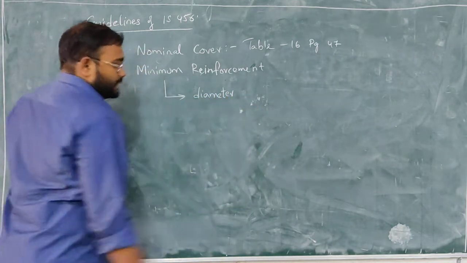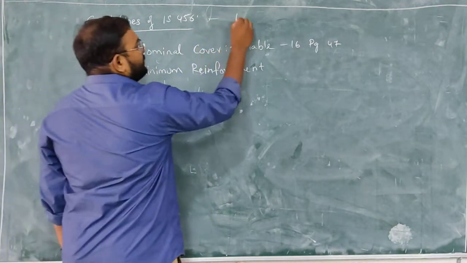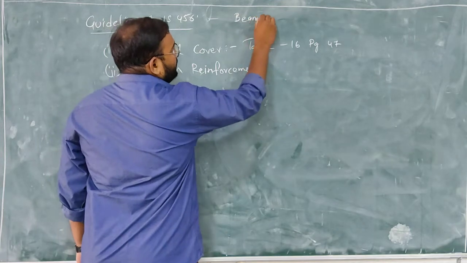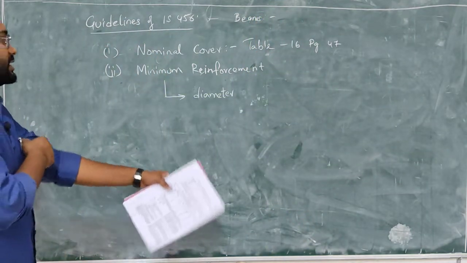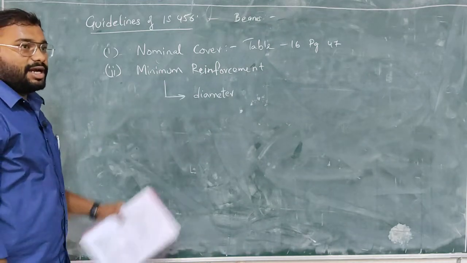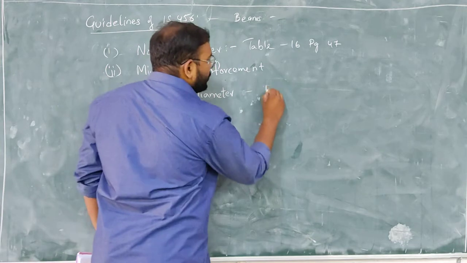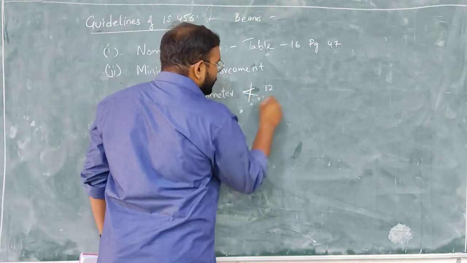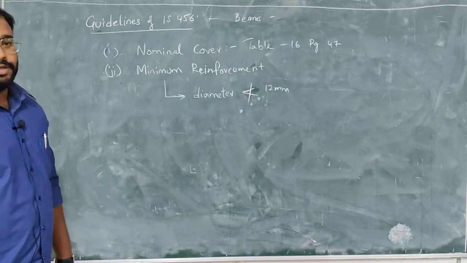How much diameter of reinforcement should be provided in beams? This we are discussing for beams only. So the minimum diameter should not be less than 12 mm in case of beams.